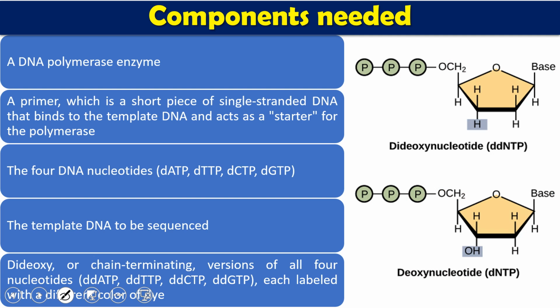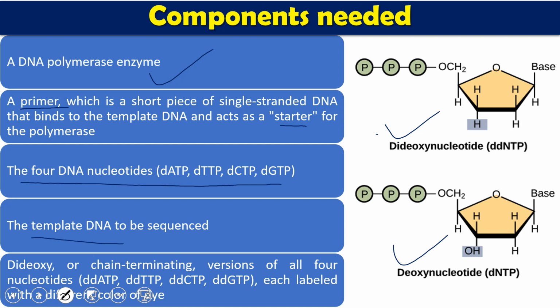So what are the components we require in this sequencing process? We require a DNA polymerase enzyme which is going to add the new nucleotides, either normal deoxynucleotides or dideoxynucleotides. Along with that polymerase, we require a primer for the DNA sequence which will work as a starting point. Four different types of deoxyribonucleotides, that is adenine, thymine, cytosine and guanine.